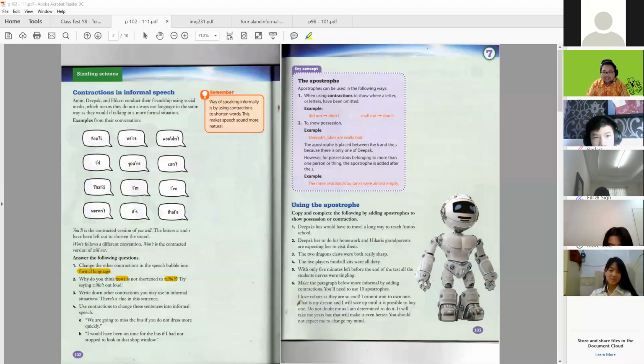Right. Luigi, where do you put the apostrophe? Get your pencil and mark it here. Deepak. Do you put an apostrophe? Anybody knows?